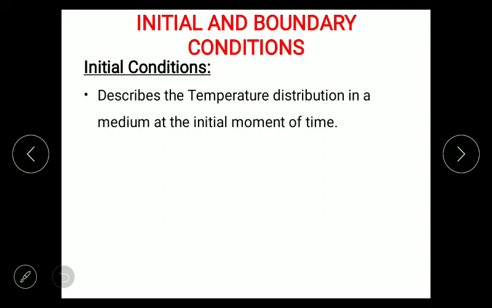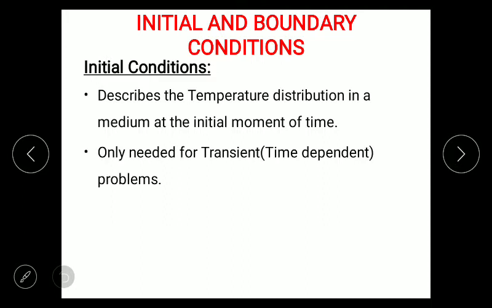These initial conditions are mostly helpful for the transient or unsteady state heat transfer problems. The steady state heat transfer never depends on time. So there is no necessity of using the initial condition for steady state heat transfer. They are mostly useful for transient or unsteady state heat transfer.